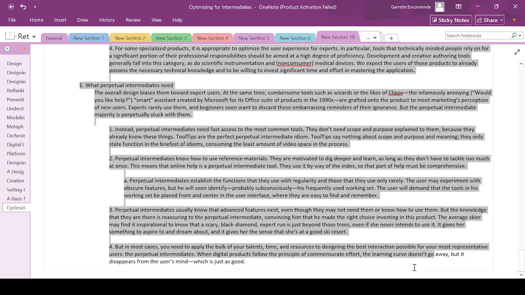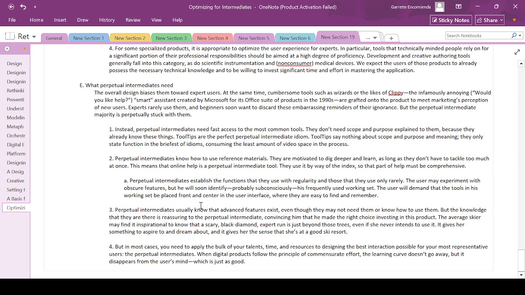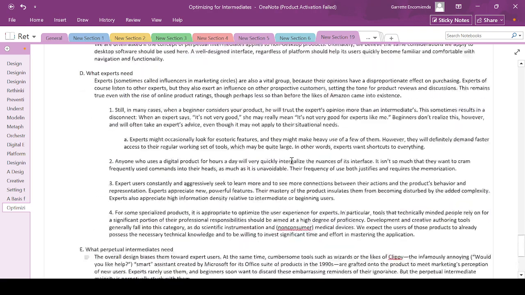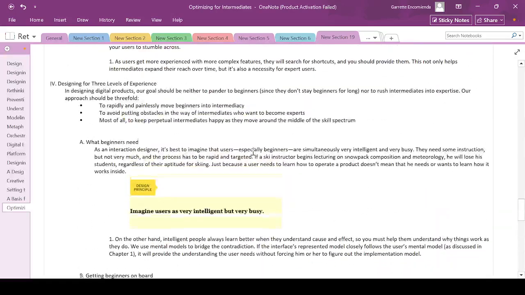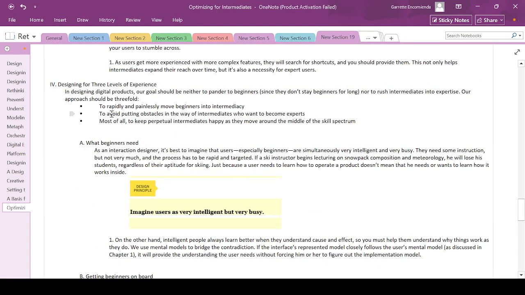They can still learn more, but it disappears from beginners who don't need to see it, and for intermediates it doesn't distract them. So that's how you can meet all of these three: avoiding putting obstacles in the way of intermediates who want to become expert, rapidly and painlessly moving beginners into intermediate, and most of all, keeping perpetual intermediates happy as they move around the middle of the skill spectrum.